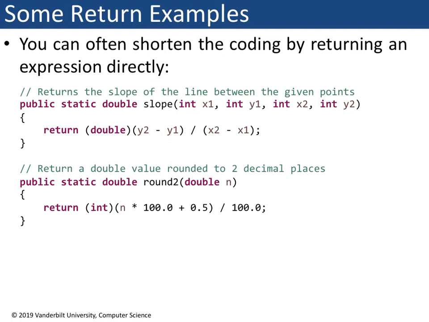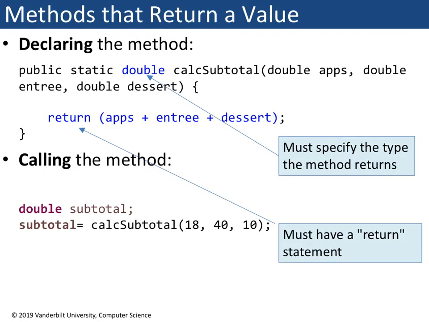To summarize, when declaring a method that returns a value, you use the keywords public static followed by the data type. The data type defines the type of the value which will be returned. Then you have the method name, and any parameters which you are going to pass to this method, and then you must have a return statement.